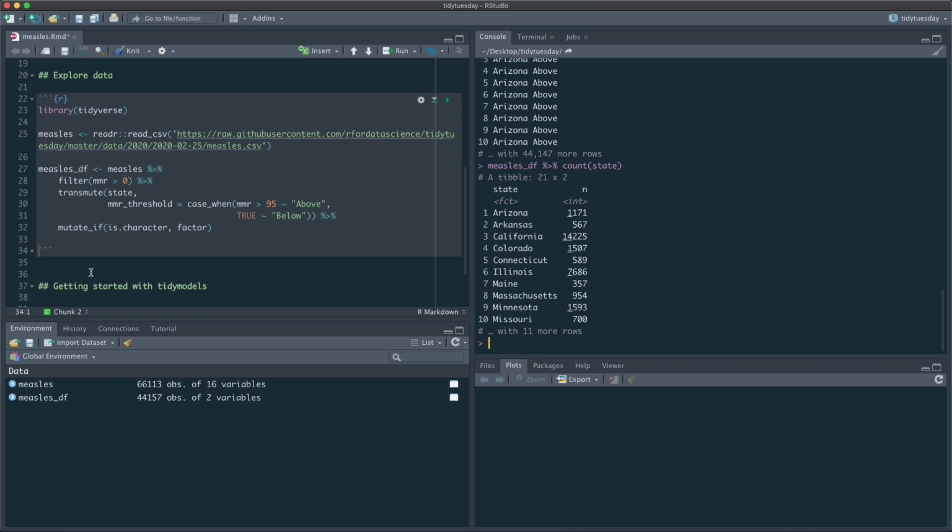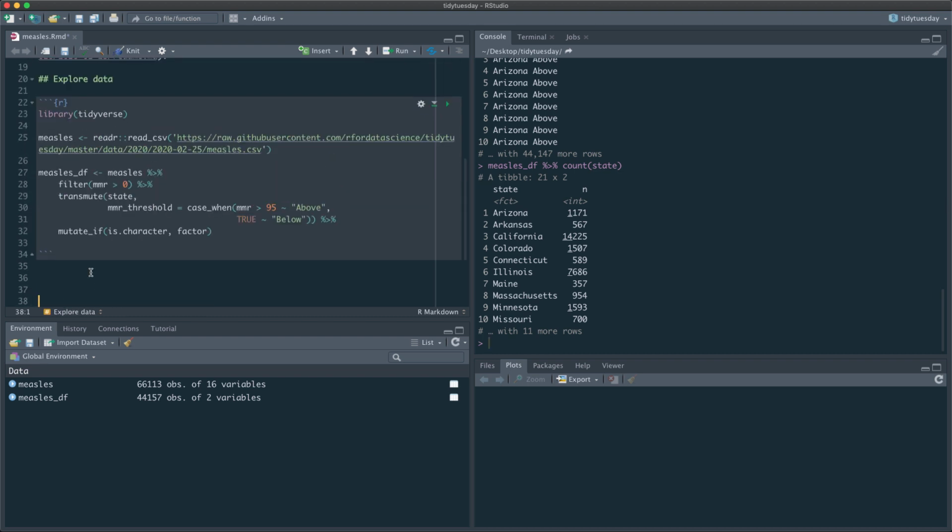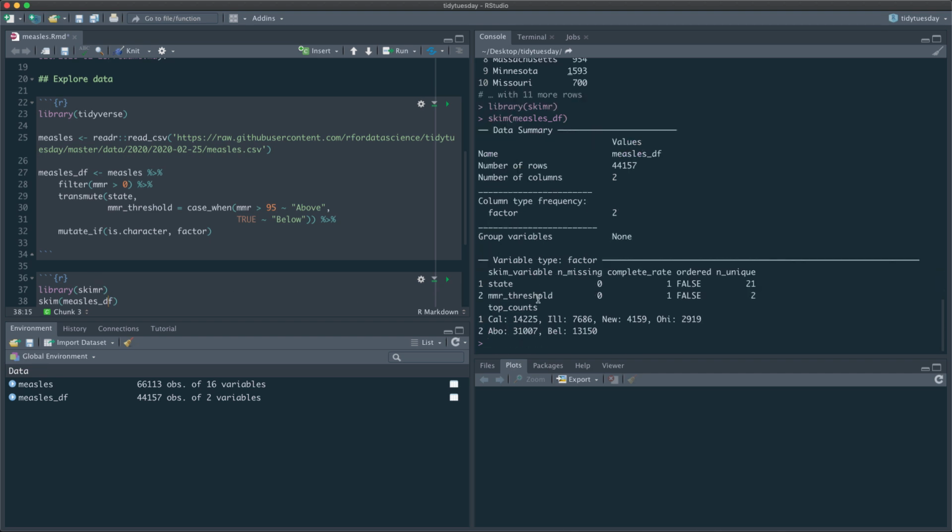Let's just do skim measles_df real fast to see what this is like. There's not a ton in here, but we can see that California, Illinois, New York are the highest. Looks like over 2/3 of the data is above, 1/3 is below.